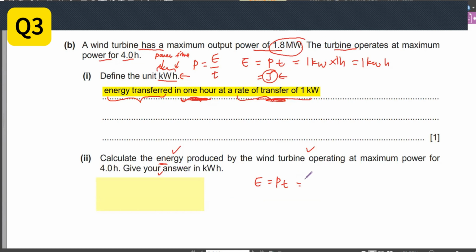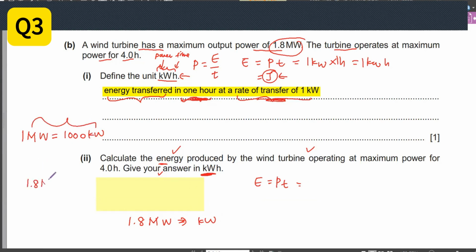We want the answer in kilowatt hours, so the 1.8 megawatt we need to convert to kilowatt. How do we do that? 1 megawatt equals 1,000 kilowatt. So this part we need to know that.